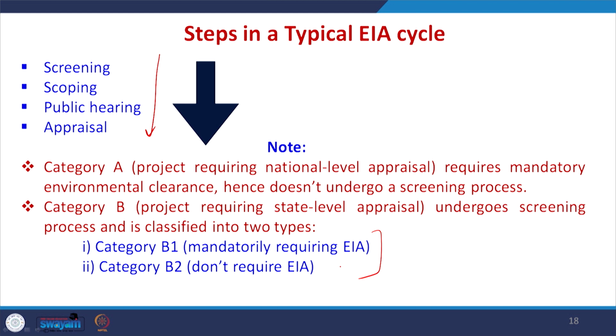B1 will require EIA and B2 does not require EIA. So, if initially the project falls into category B, we have to check whether EIA is compulsory or not.